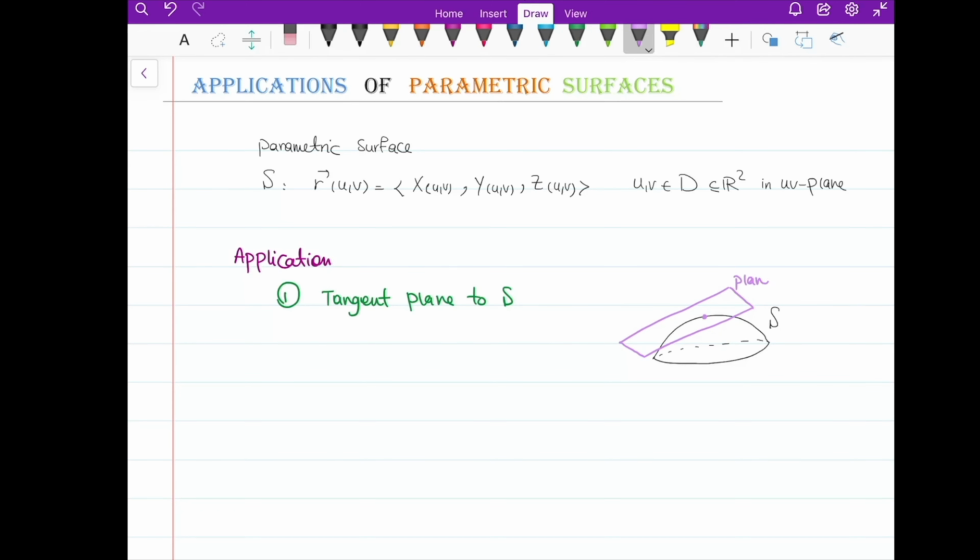So I'm looking for this tangent plane. For any plane, we need a normal vector, where the normal vector, we show it by n, and the normal vector is a vector that is perpendicular to your plane.